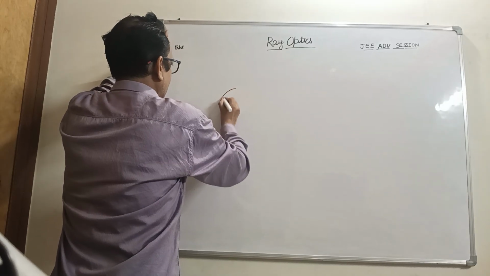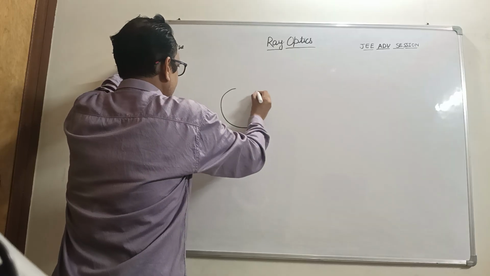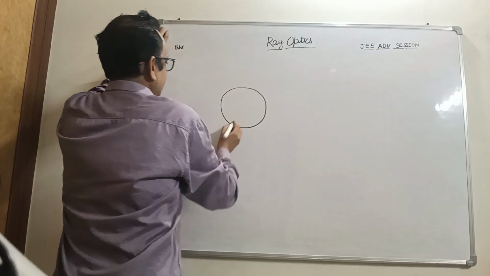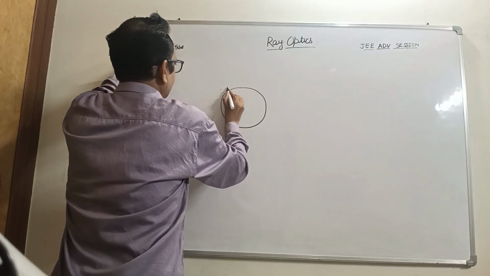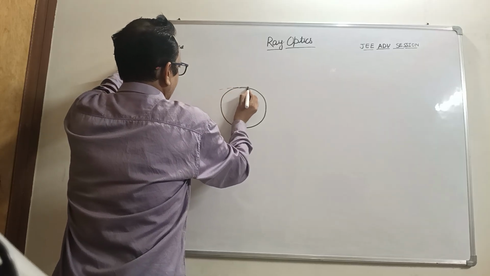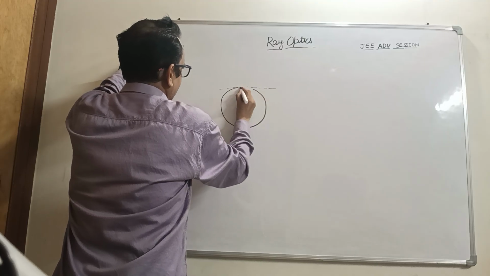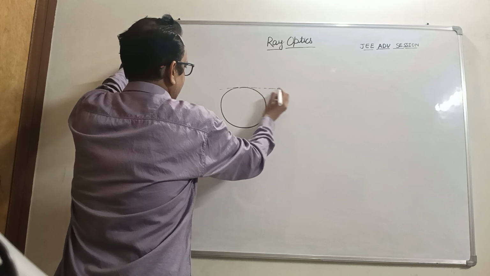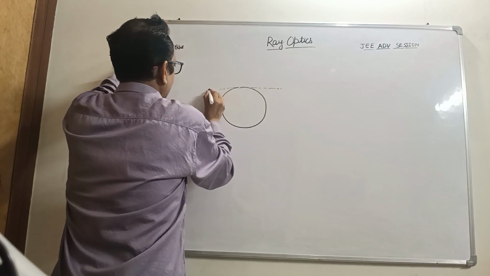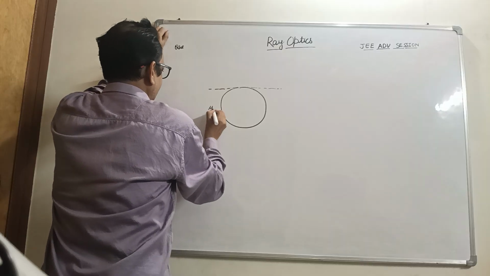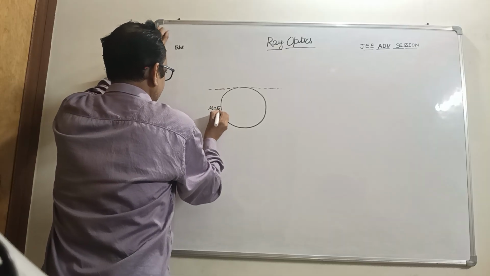So here the scenario is this type: this is an opaque body, and this is submerged in a liquid. This is a liquid, and its refractive index is root 3.